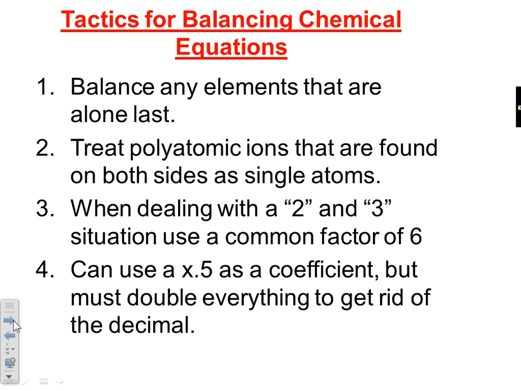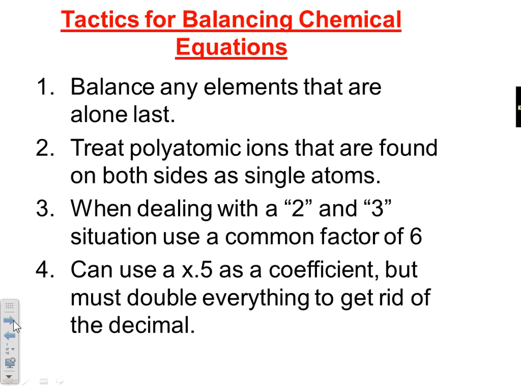It'll always be half of a molecule, and that will allow us to fix this problem. Now, I don't know of any textbooks that have these particular tactics in them. These are ones I've come across that I find useful when I'm balancing a whole bunch of them, say when I'm doing a mark sheet. These are the plans that go through my head.